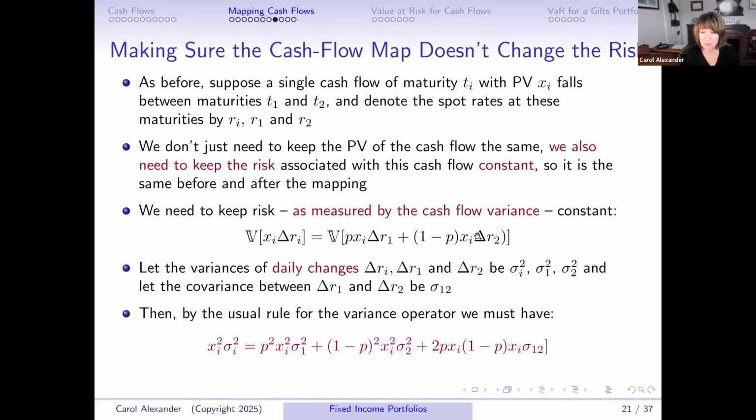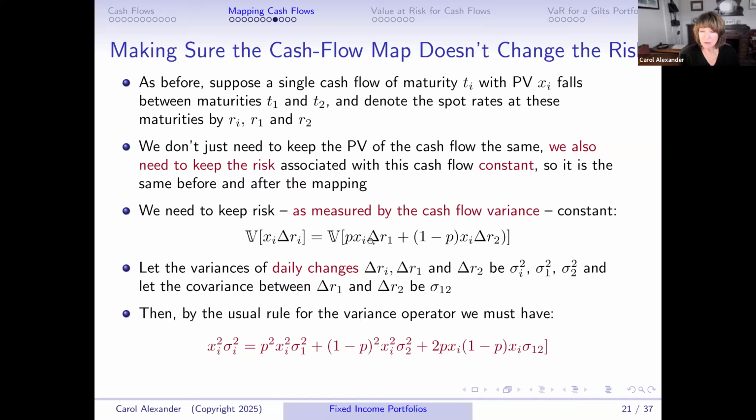So you've got two components now to the risk. P and Xi are both not random variables, so we can take them out. And it's the variance of delta R1, which we're going to call sigma 1 squared, and the variance of delta R2, which we're going to call sigma 2 squared, that we need.